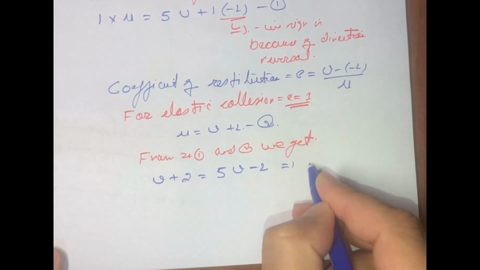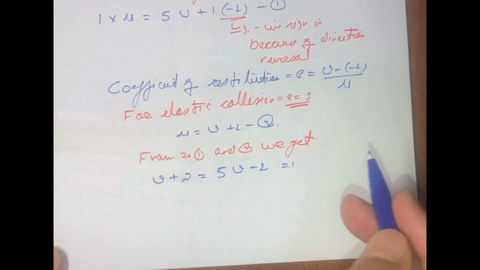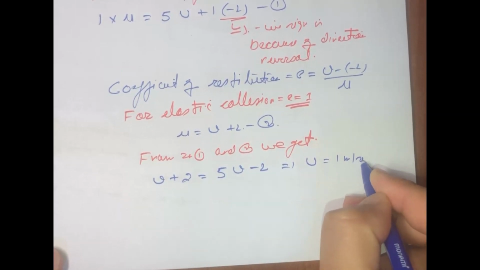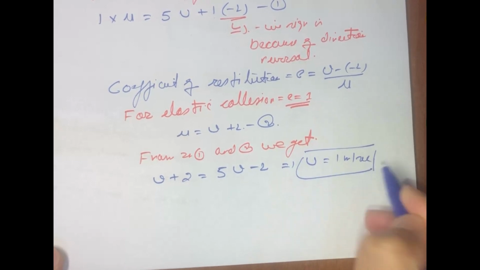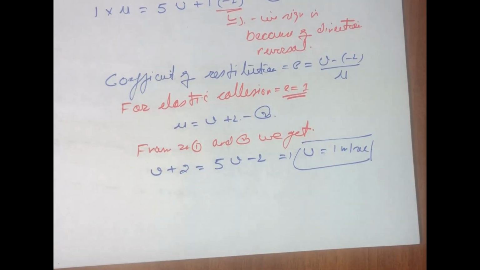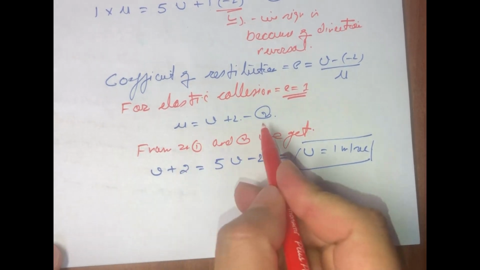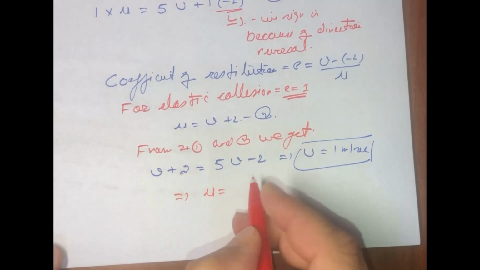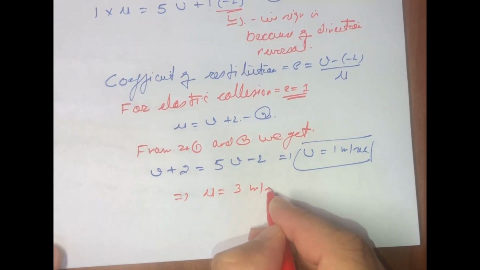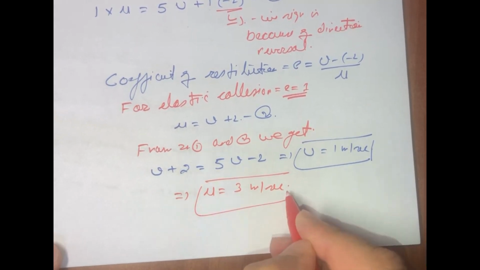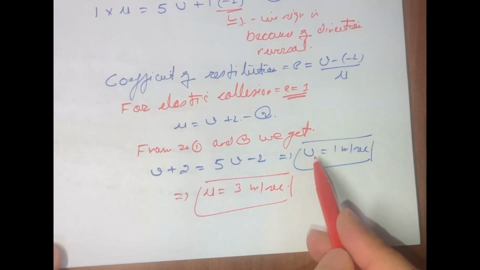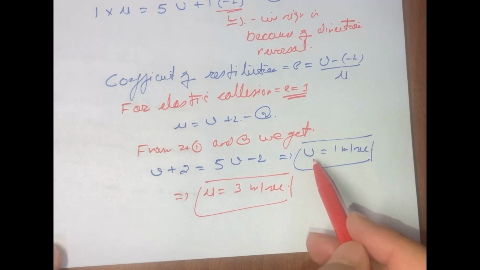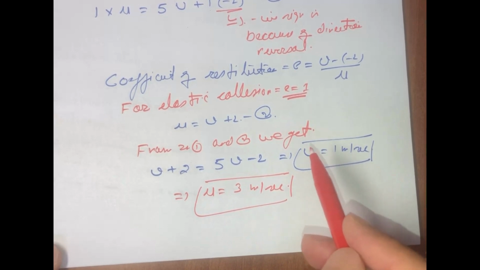So if we solve it, we get v as 1 meter per second. Using equation 2, therefore u is equal to 3 meters per second. So we got the initial velocity of the 1 kg mass and the final velocity of the 5 kg mass.